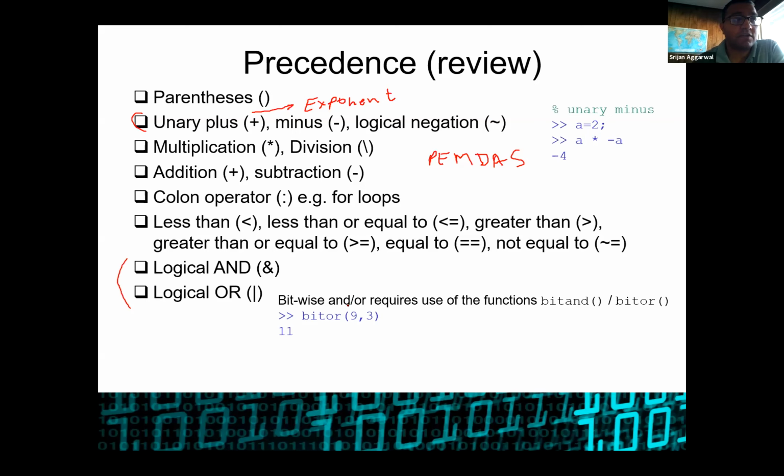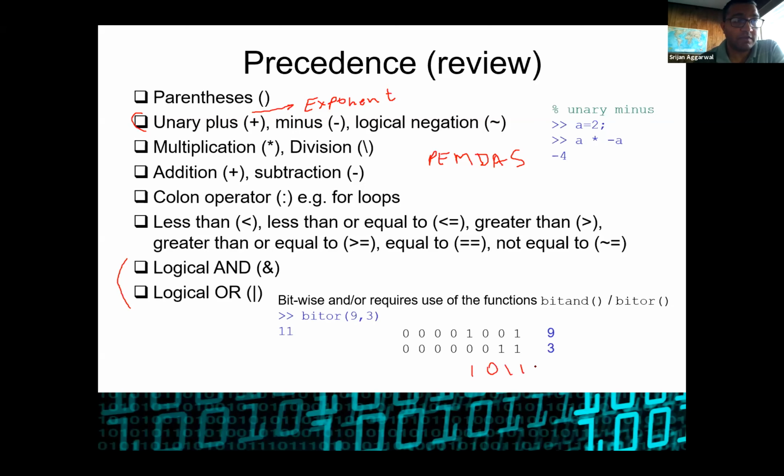Now bitwise and or requires use of the functions bit and bit or. In C++ we were using symbols for that. But here if you want to use bitwise, meaning you convert to binary bits and then compare, that's what you get. So that's 9, that's 3. So for the or, you will have 1, 0, 1, 1.